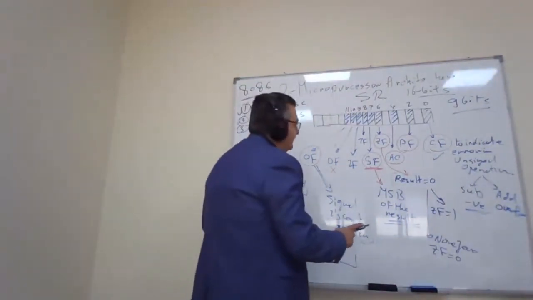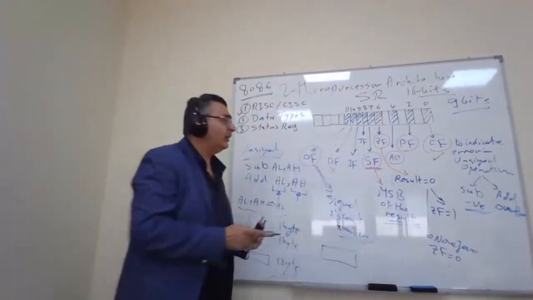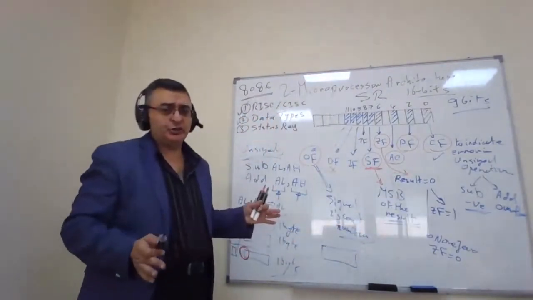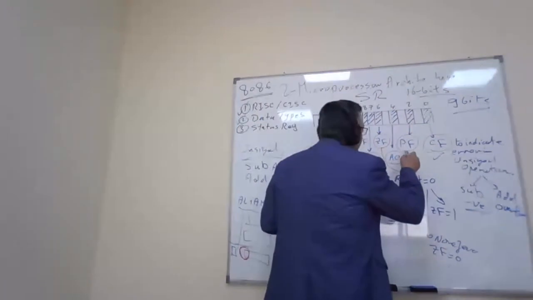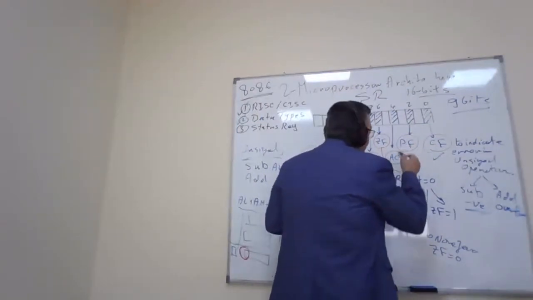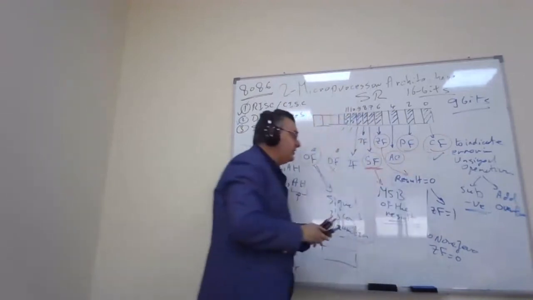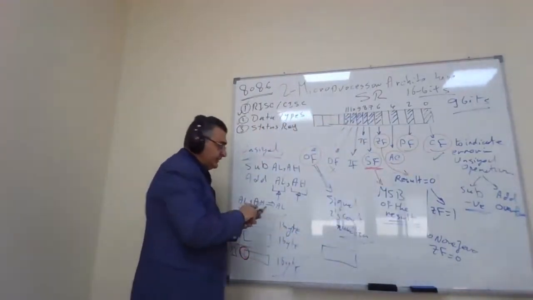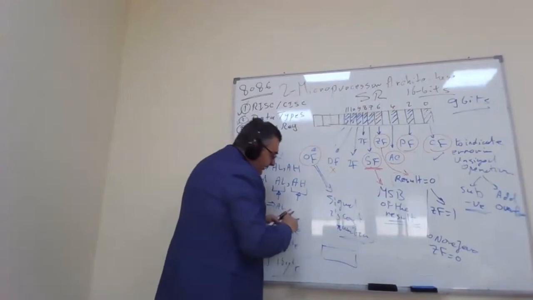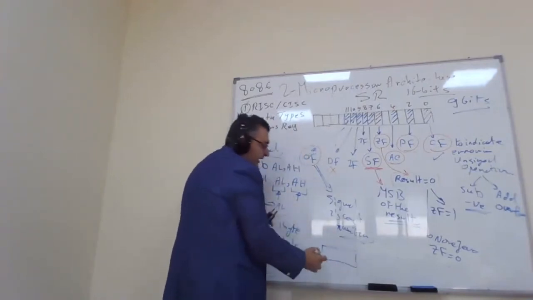Fine. What's next? We have two other flags that have special usages. Which are they? The parity and the auxiliary. The parity is also a useful flag. What does the parity do? The parity checks the bits of the result.